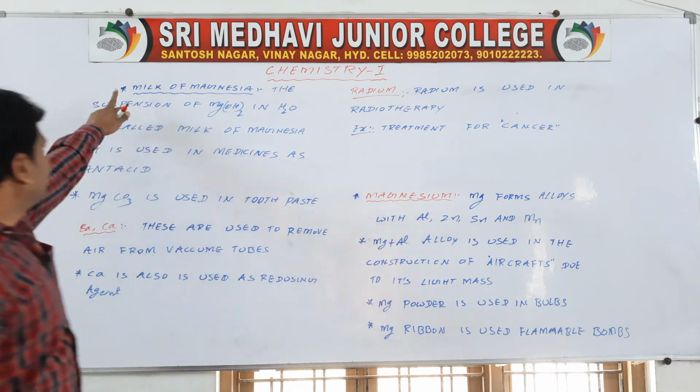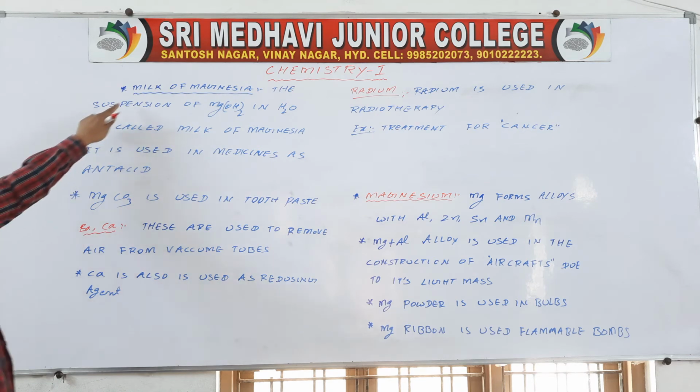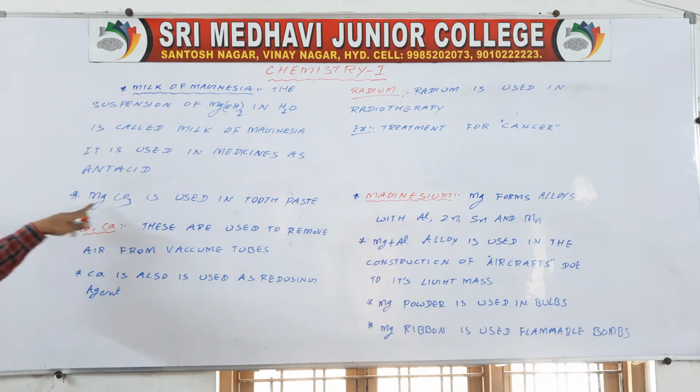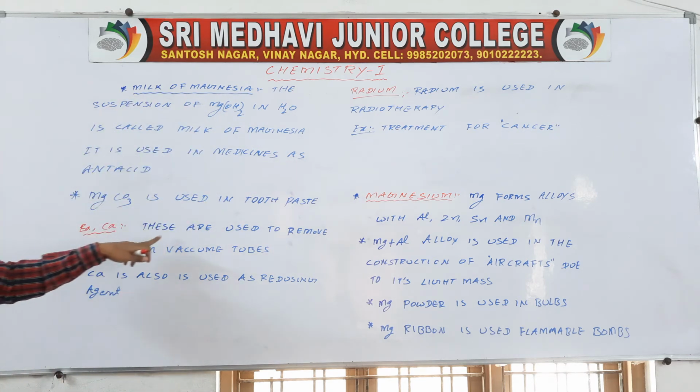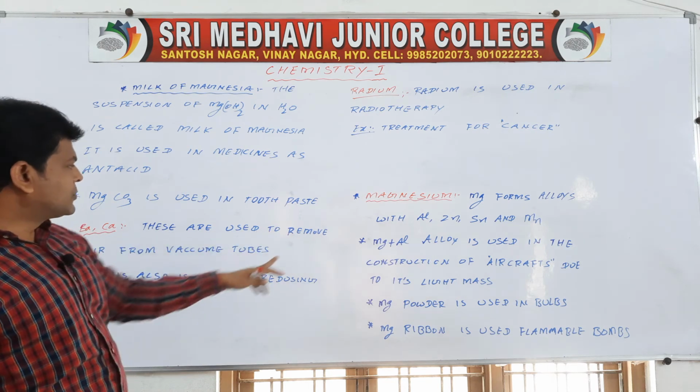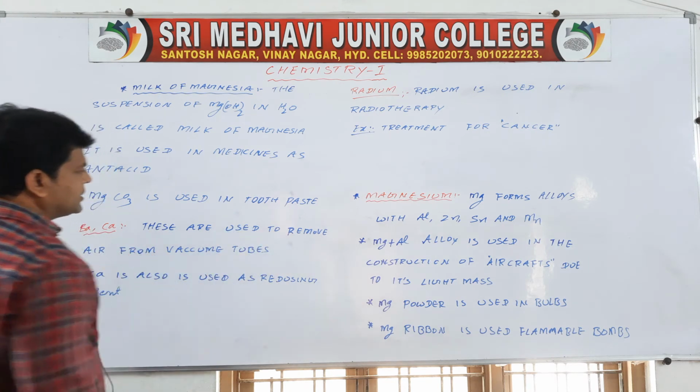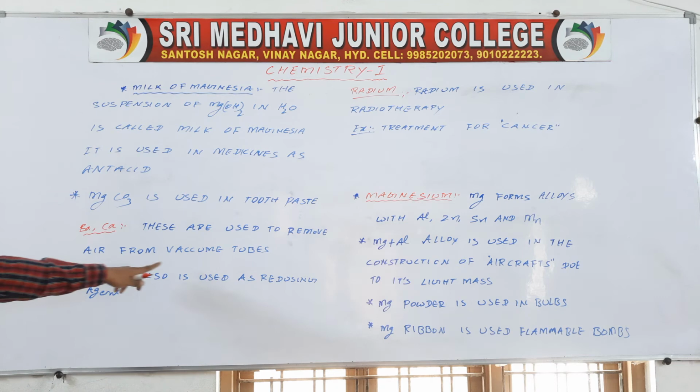Magnesium. Next, it is also a continuation. So milk of magnesia. Next, MgCO3 is used in toothpaste. Barium and calcium are used to remove air from vacuum tubes.